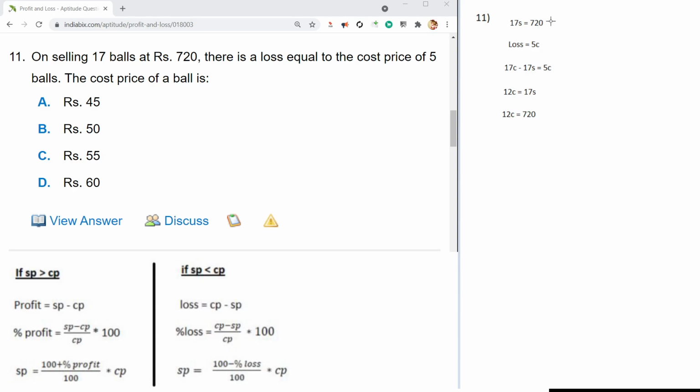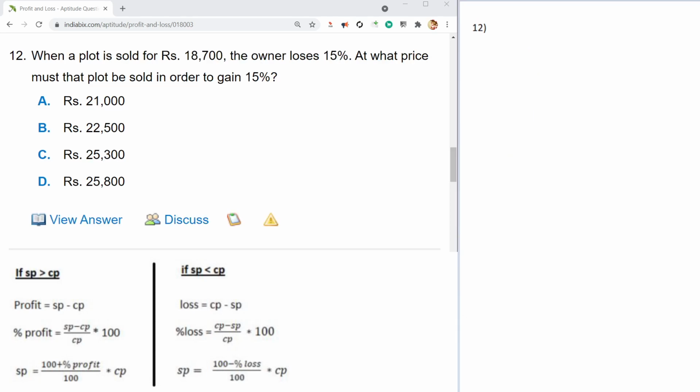From the starting equation, 17S equals 720. So 12C equals 720. So C equals 60. We need to find out the cost price of a ball, which equals 60. Option D. Option D is correct.